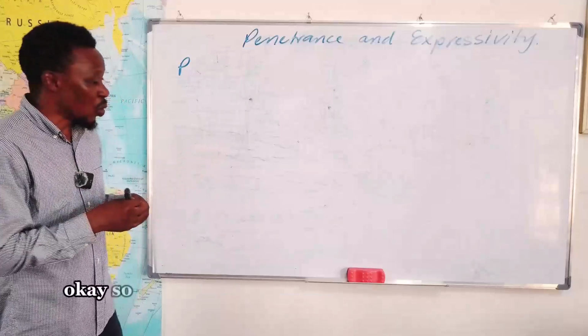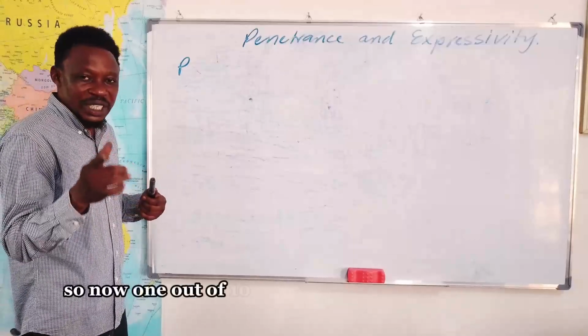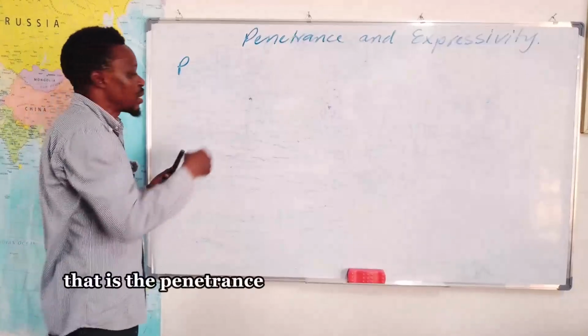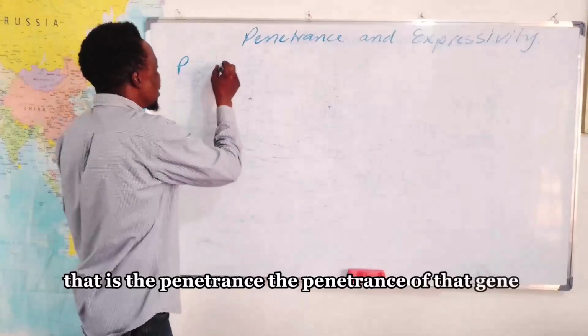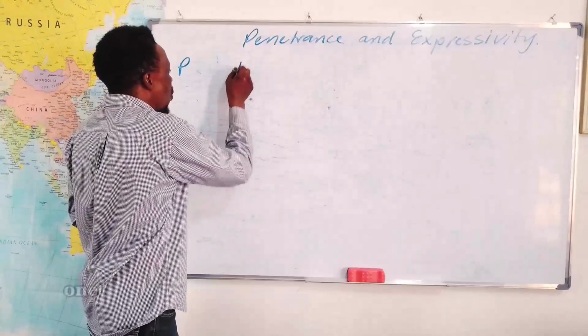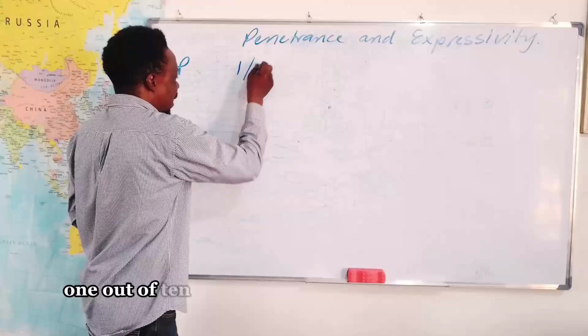So 1 out of 10, that is the penetrance. The penetrance of that gene is 1 out of 10.